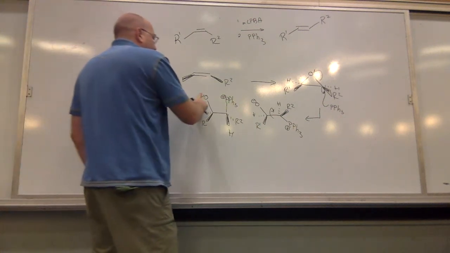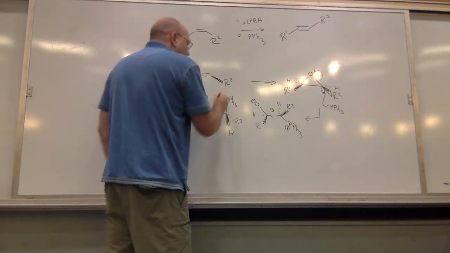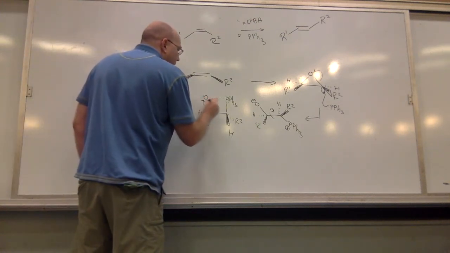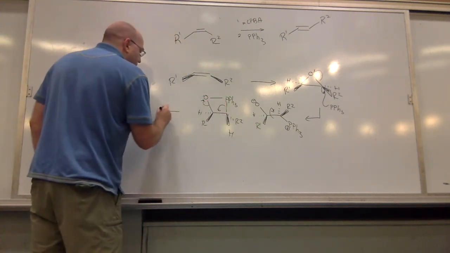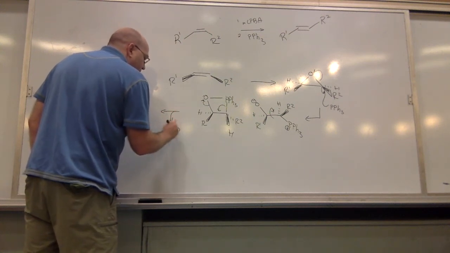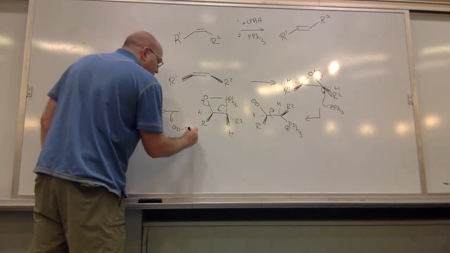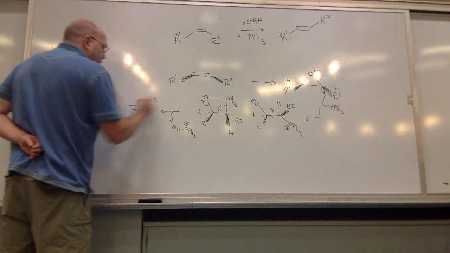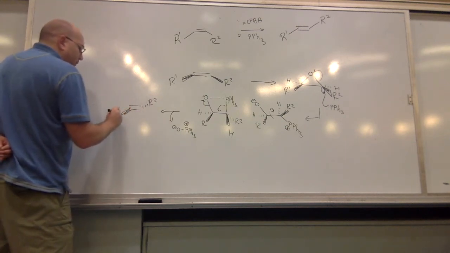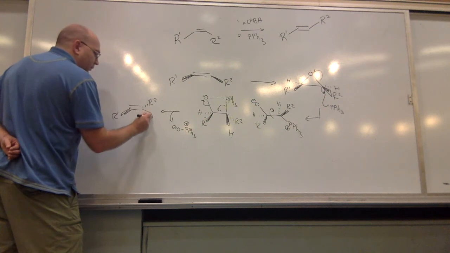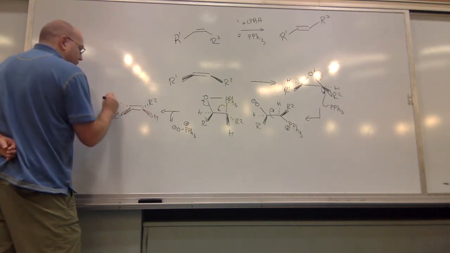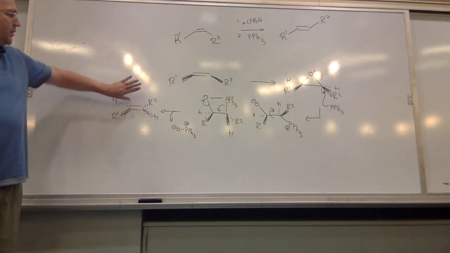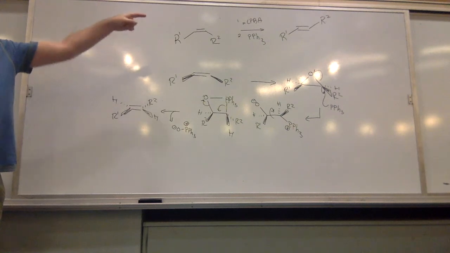We also know that what's going to happen here, just for the sake of time, is those are going to form a bond, and we are going to eliminate to generate triphenylphosphine oxide. And the net result is the R1 and the R2 are on opposite sides. So all that I would do here is just flip it that way, and I'm back to that.